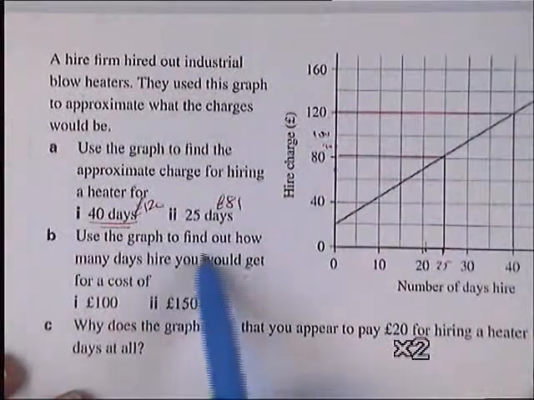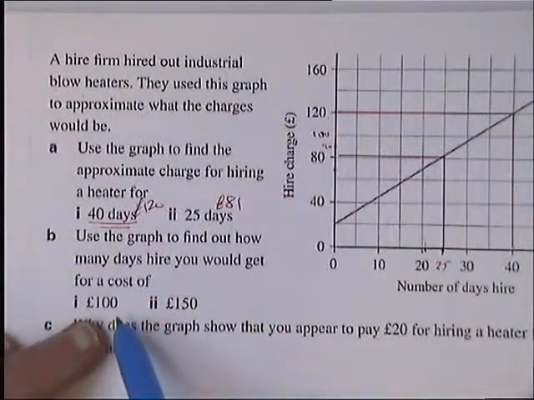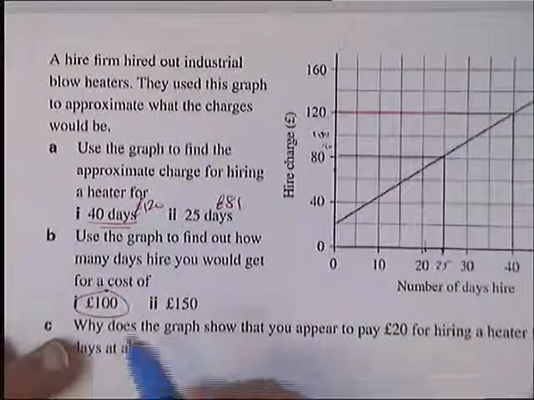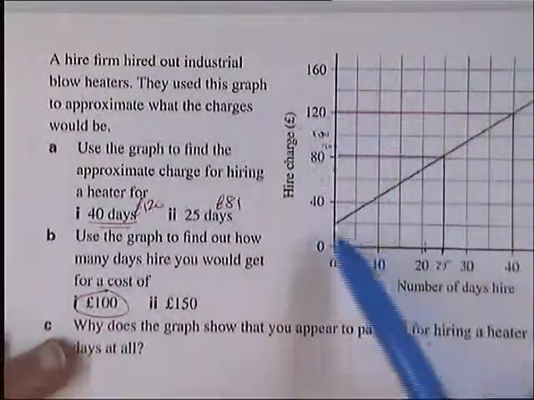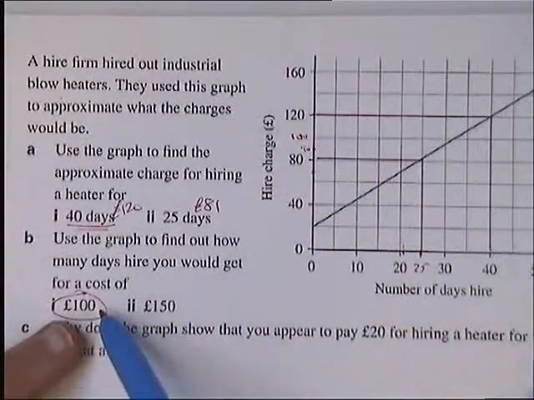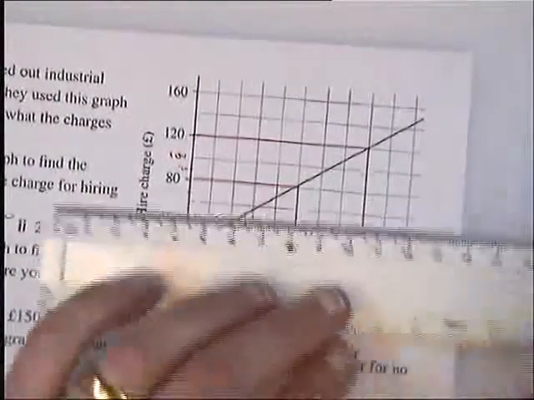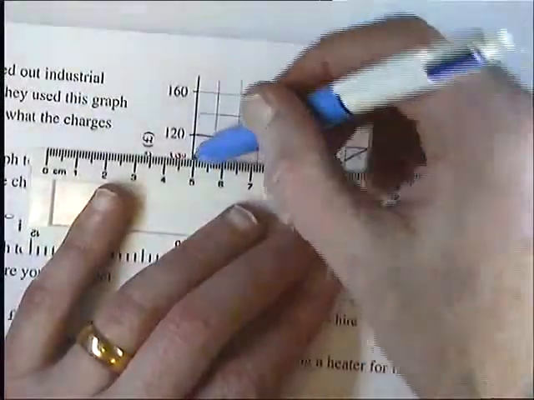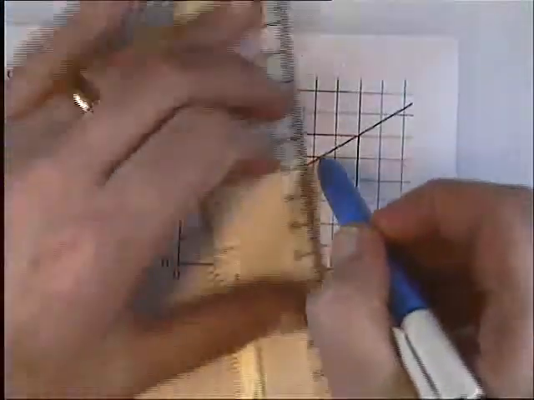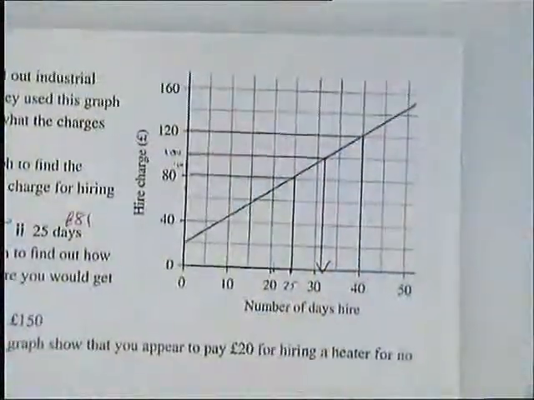Part B, use the graph to find out how many days hire you would get for a cost of £100. So this time you're starting with an amount of money that's been given to you. So you need to find your money numbers. These were the day numbers, these are the money numbers up here. You need to find where 100 is, I've already marked that in. So you go along from 100 until you reach the graph line, then I come straight down, and I reckon that's taken me to about there.